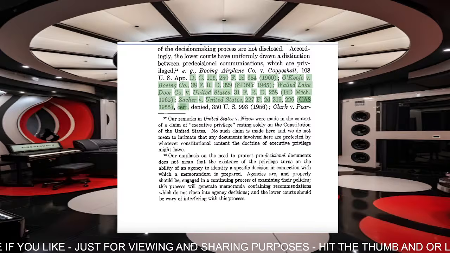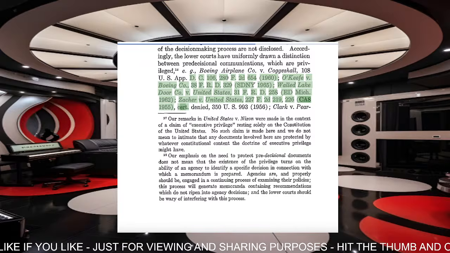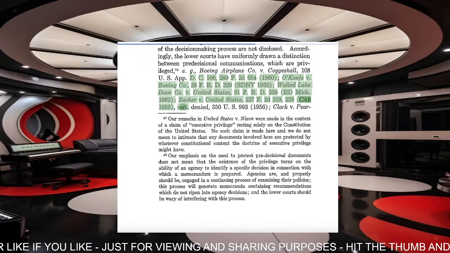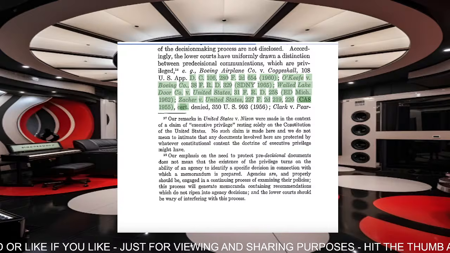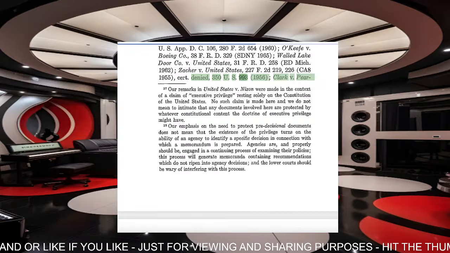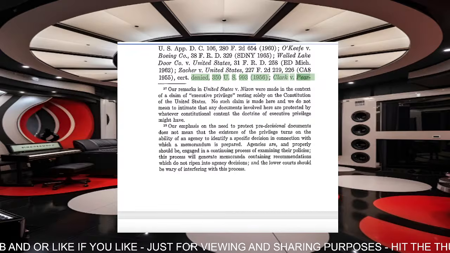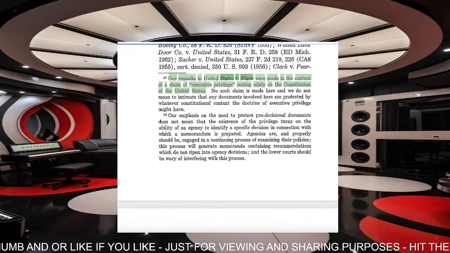United States, 31 F.R.D. 258; Zacher v. United States, 227 F.2d 219, 226, cert. denied, 350 U.S. 993; Clark v. Pearl.